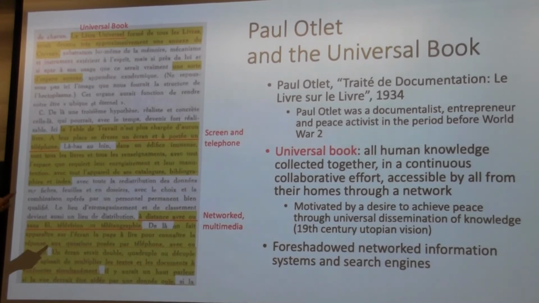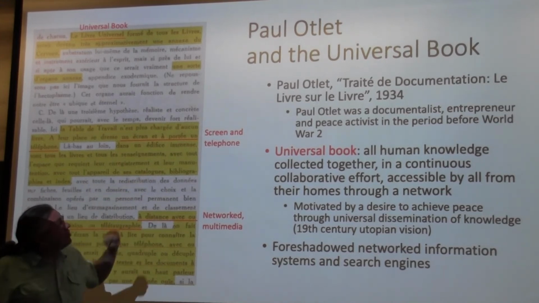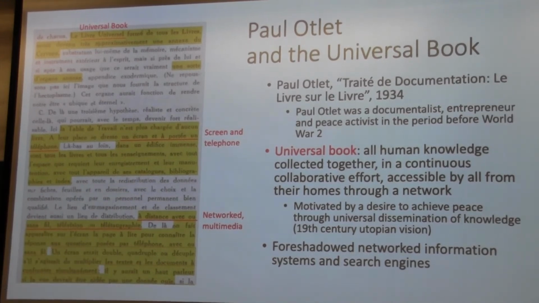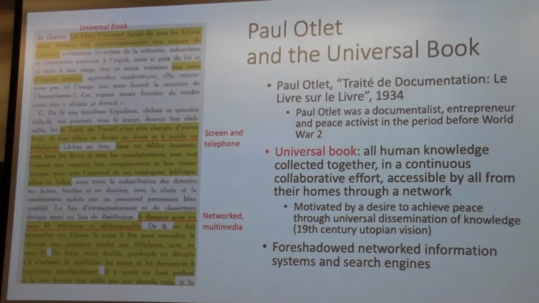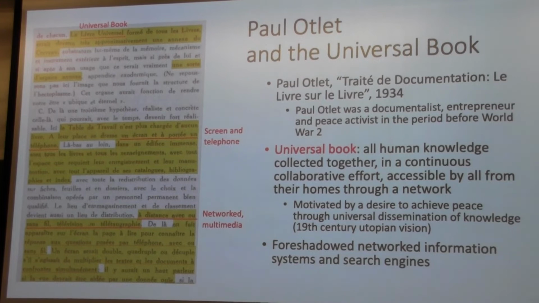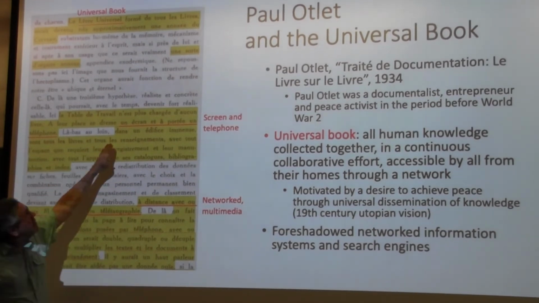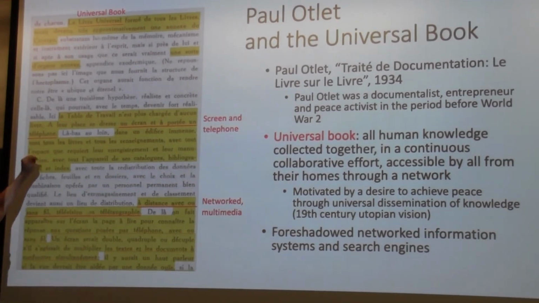So his Traité de documentation, his documentation treatise, the book on the book from 1934, which I will translate here: the universal book consists of all books, and it's like an extension of your brain. The workspace has no book. There is a screen and a telephone.